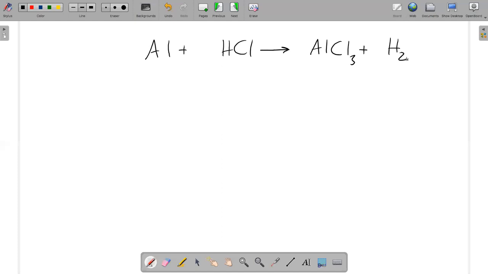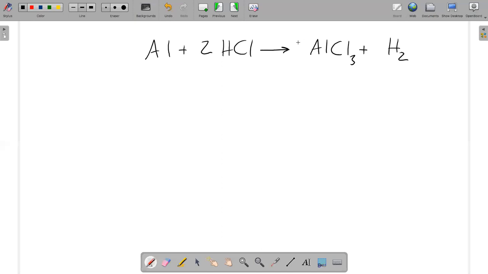So the aluminums are already balanced, but the hydrogens are not. So it looks like you can put a 2 in front of the HCl, except then the chlorines are no good. You got 2 chlorines on the left and 3 on the right. So it turns out that the least common multiple of the 2 and 3 there is 6.